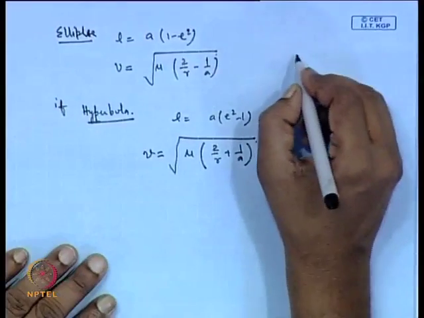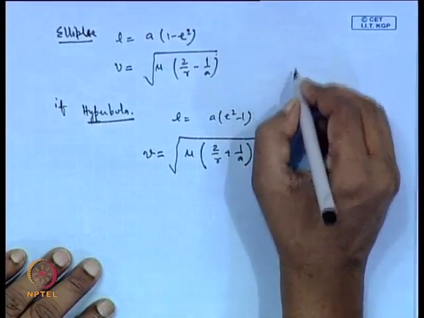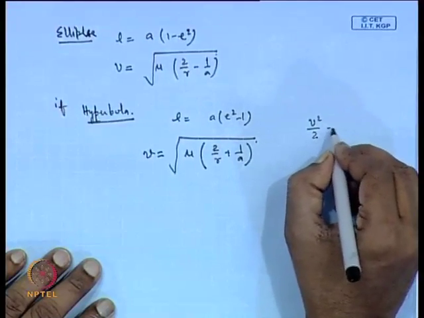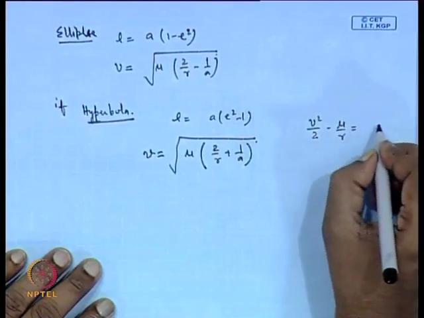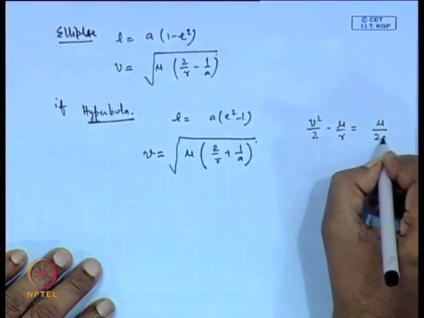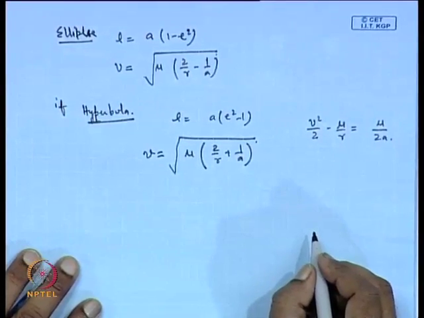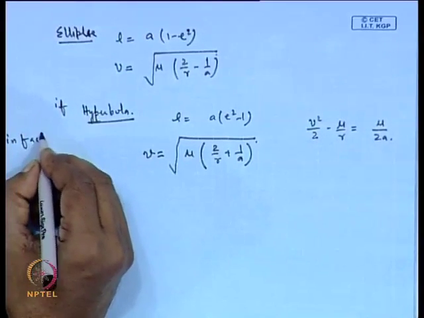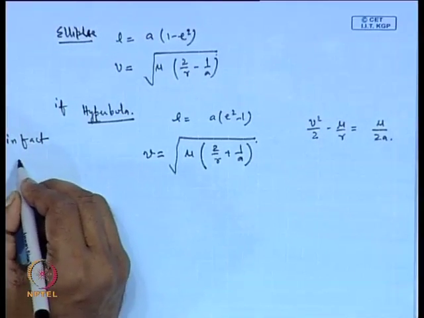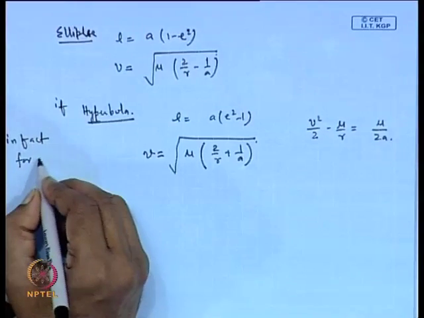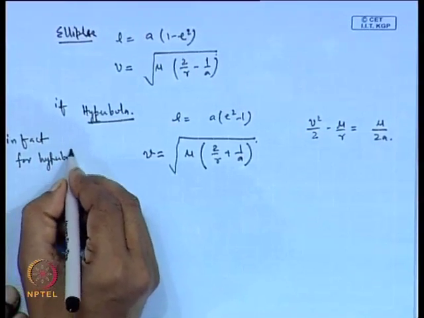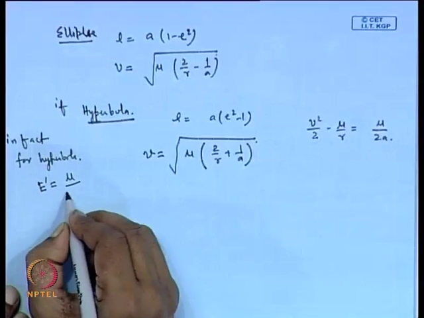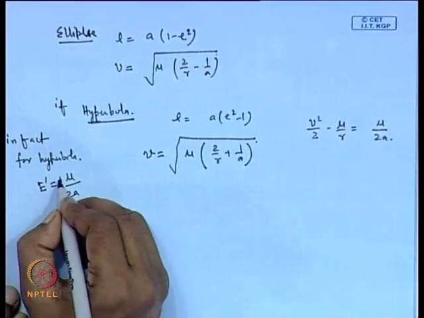So, here I can write that for hyperbola V square by 2 minus mu by r is equal to mu by 2a. So, in fact here we can write for hyperbola E prime is equal to mu by 2a, this is with positive sign.